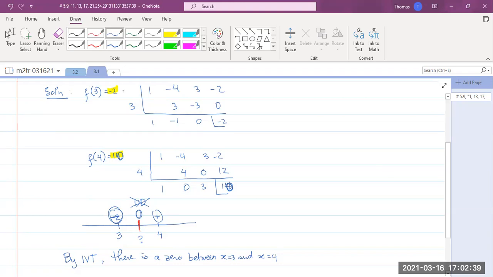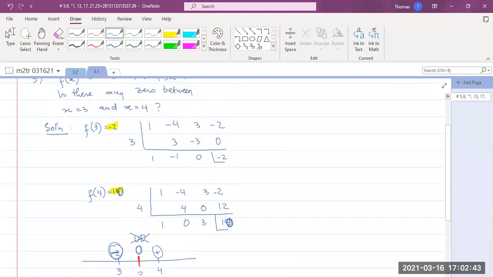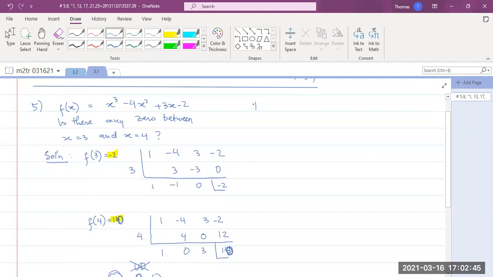Next question, number 9. Similar questions, I believe. We have f(x) equals x to the fifth plus x cubed minus 3x plus 1.